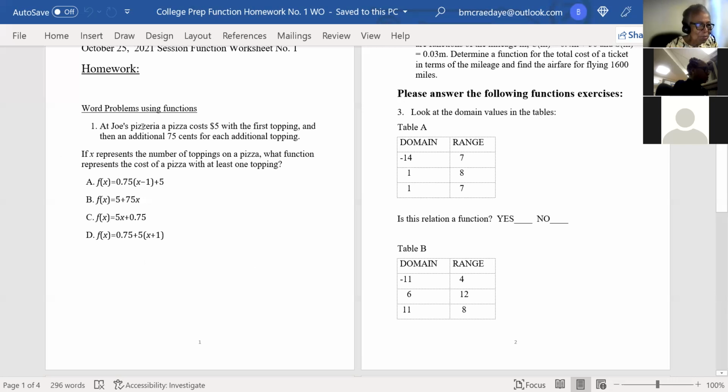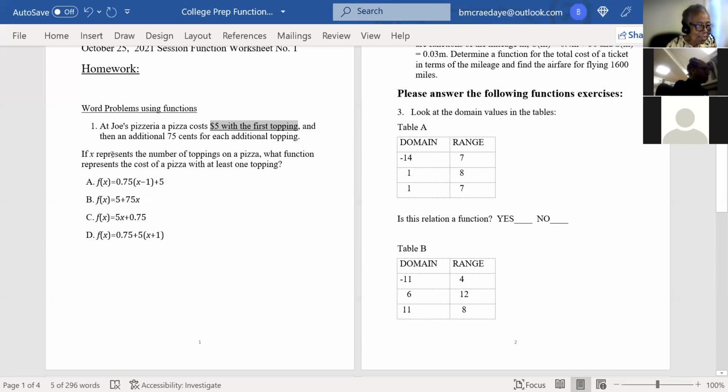At Joe's Pizzeria, a pizza costs $5 with the first topping. That's your key right there. $5 with the first topping. That means only after the first topping do you start paying the 75 cents, right?